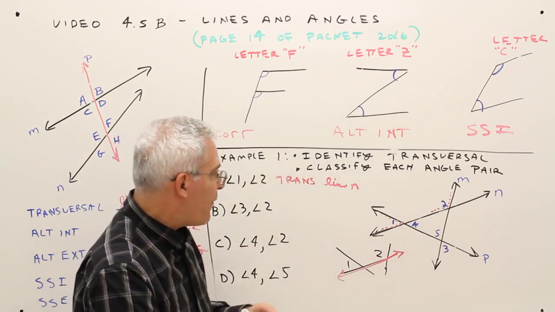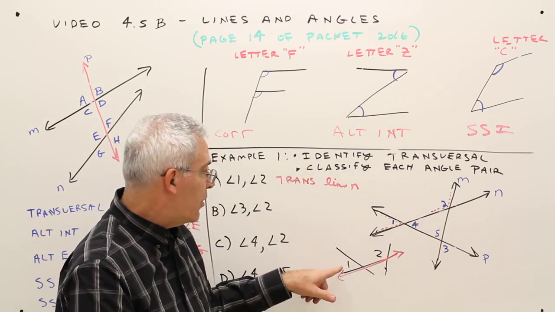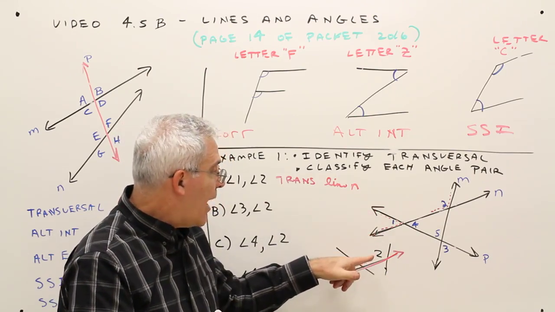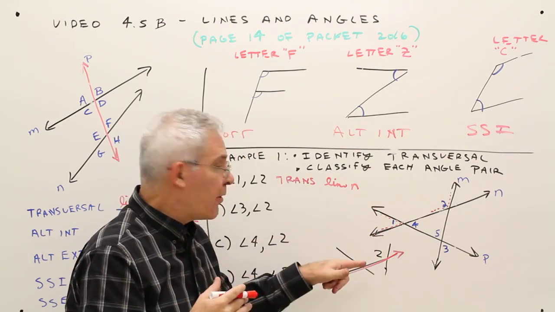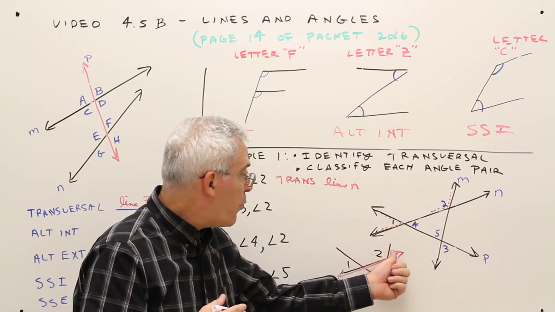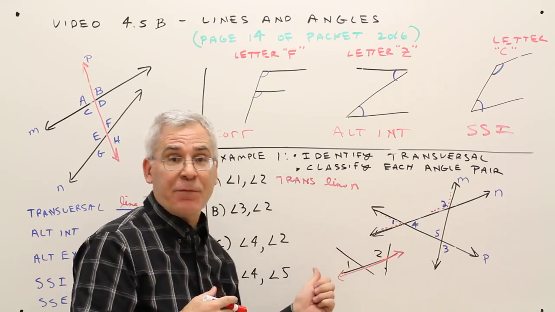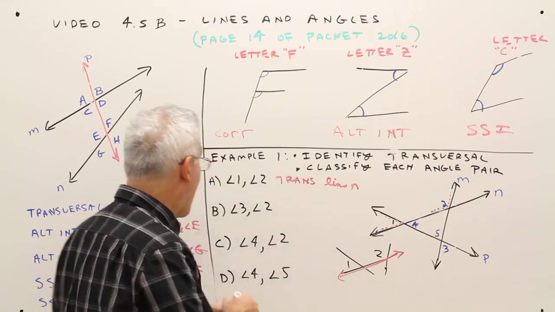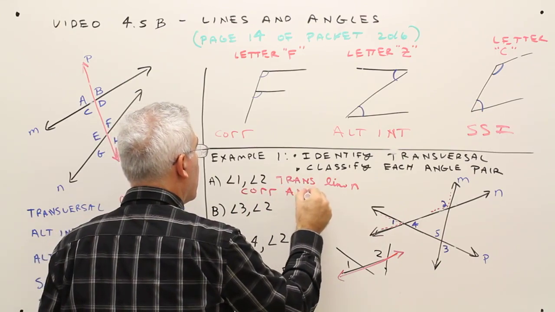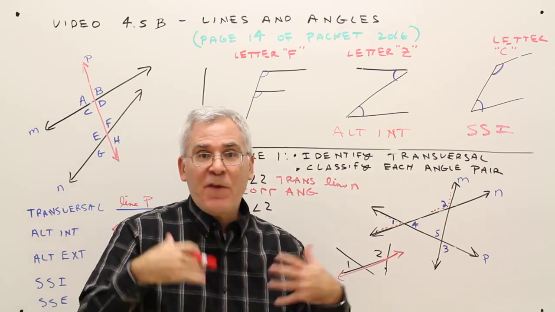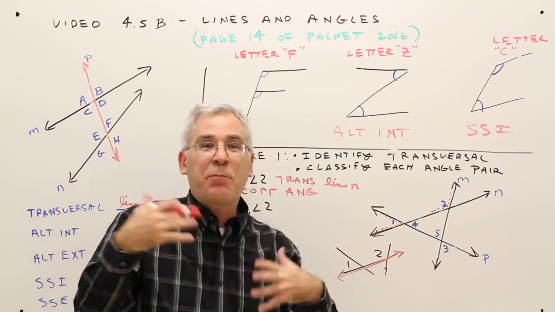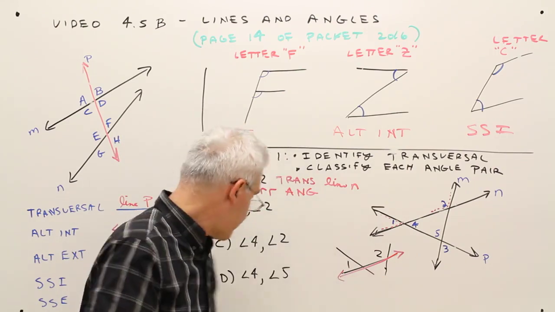Okay, so I've got to classify now angles 1 and 2. They're both on the same side of the transversal. However, they're not both on the interior or exterior. They're in corresponding positions. Again, they're both above, and this one's to the left of a line and to the left of a line. So that's going to be corresponding angles. And again, if you struggle with these, just rewrite the important parts. Don't make everything intersect because that's what confuses some students.